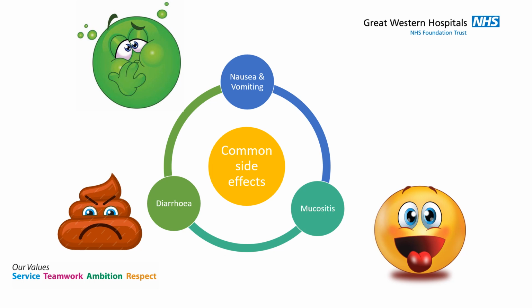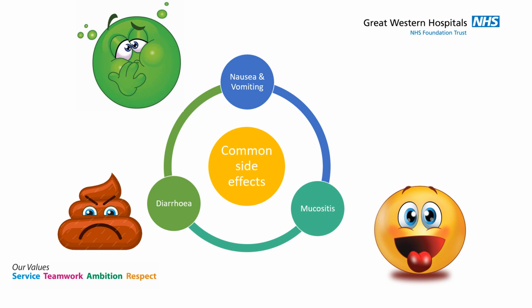So the aim of the session today is to talk to you about common side effects of patients who have undergone high-dose chemotherapy for stem cell transplantation. These side effects are also relevant to the majority of the patients undergoing intensive chemotherapy on the inpatient unit.